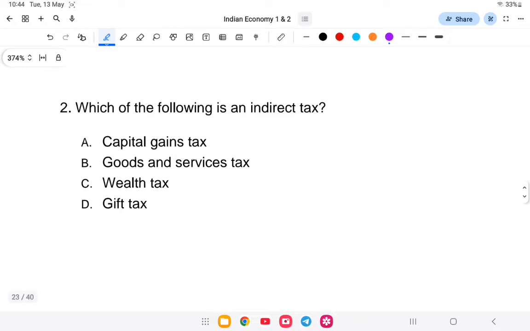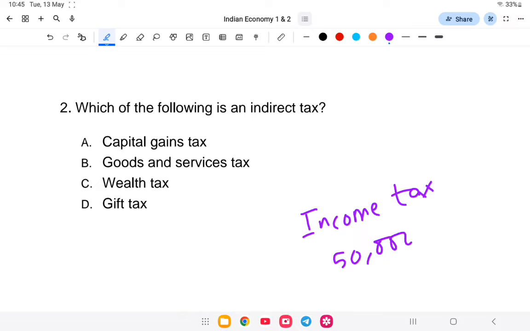Next question. Which of the following is an indirect tax? Indirect tax means a tax that does not impact you directly, but is collected indirectly. For example, income tax: suppose you earn 50,000, out of this 10% is deducted, around 5,000 is paid as income tax.